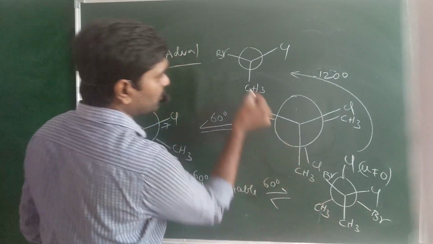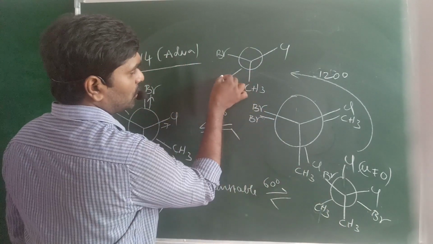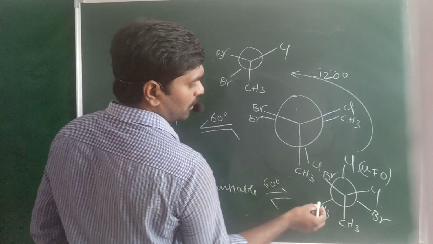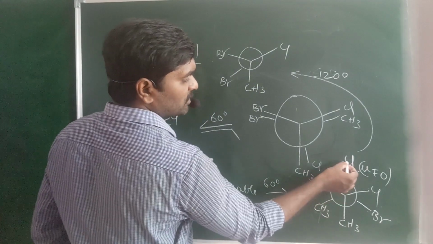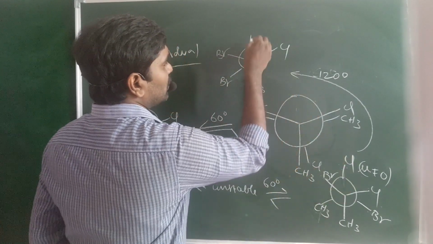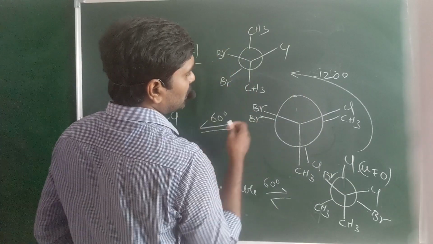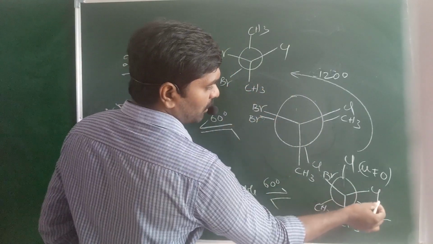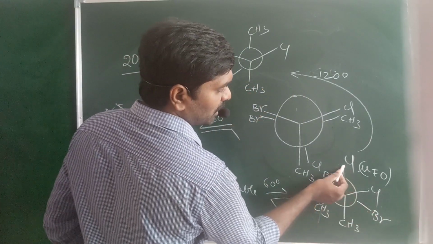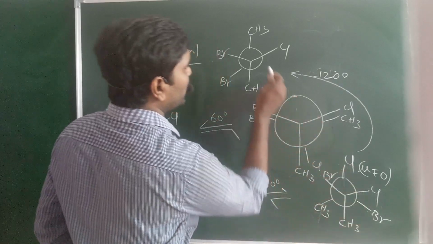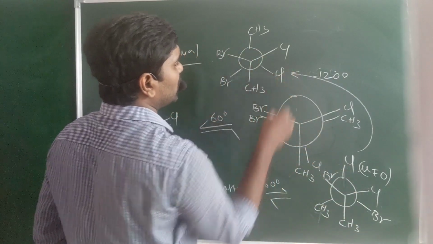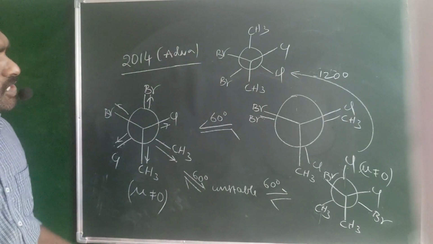The Br occupies the position of CH3, the CH3 occupies the position of Cl, and the Cl occupies the position of Br. Look at this one.